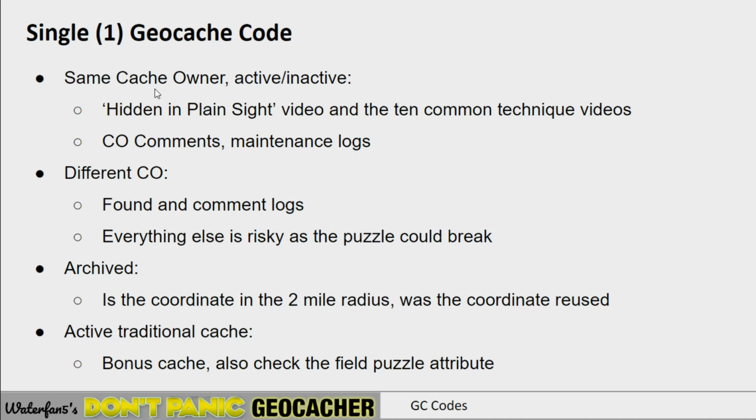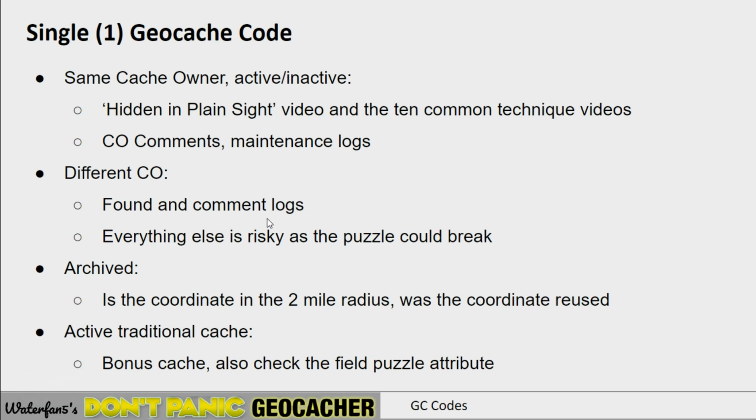That is if the other cache is by the same cache owner. If it's by a different CO, maybe it's a friend and maybe they put something on the page. Certainly possible, but it might very well just be that they put the information in their found log or in their comment log, a little note, a little code, or something that you need to solve your puzzle.